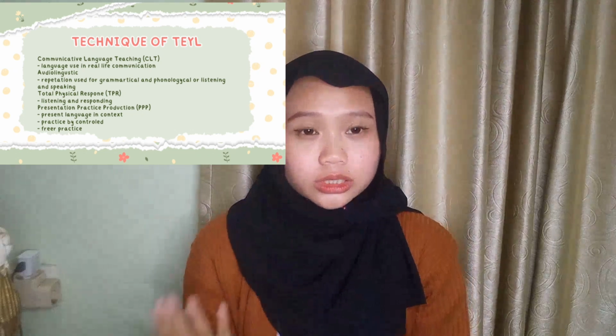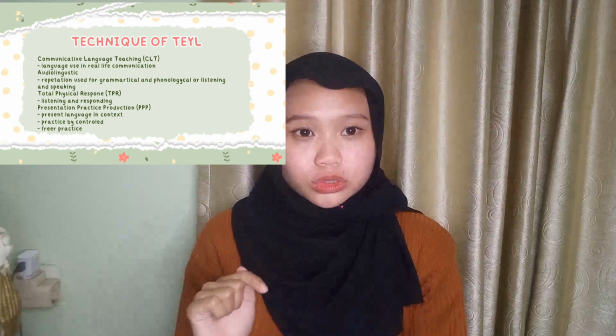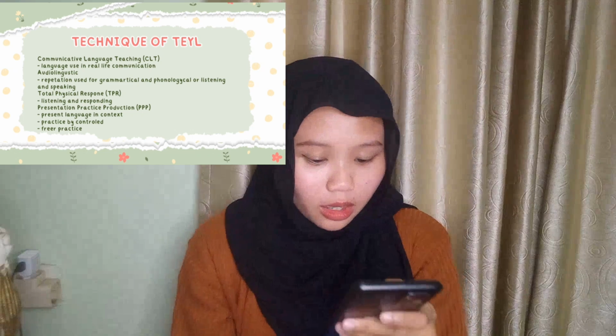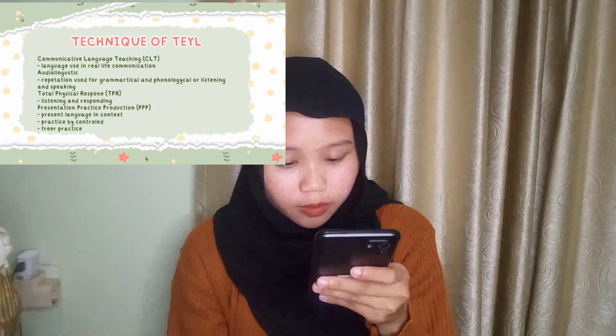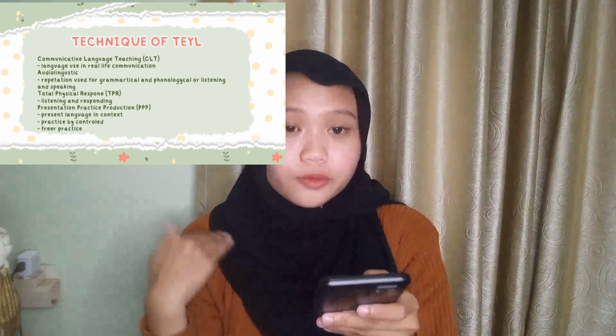Then practice is practicing under control. The students practice under the teacher's control, like dialogue. The teacher listens to the students' dialogue and gives feedback. And then production is freer practice.